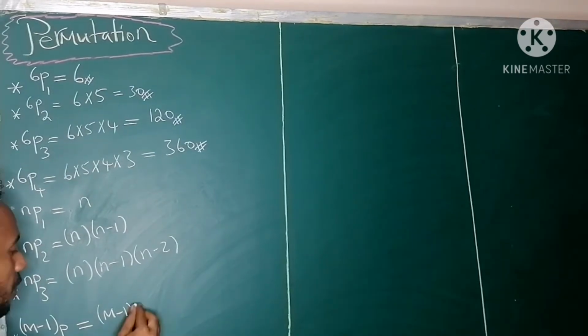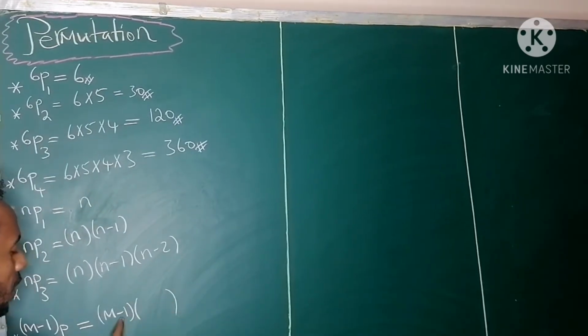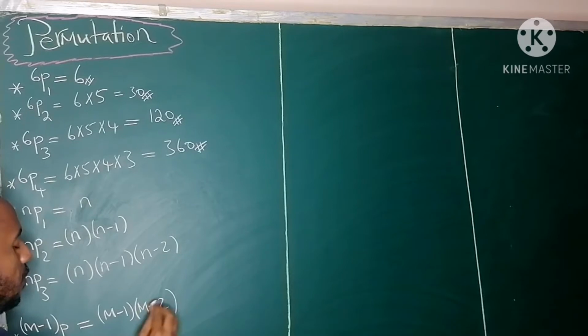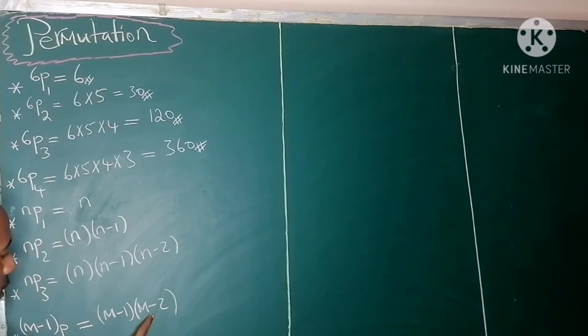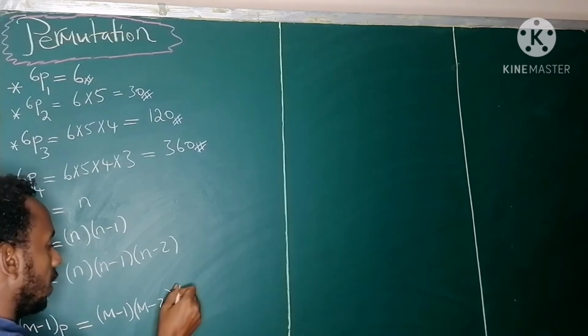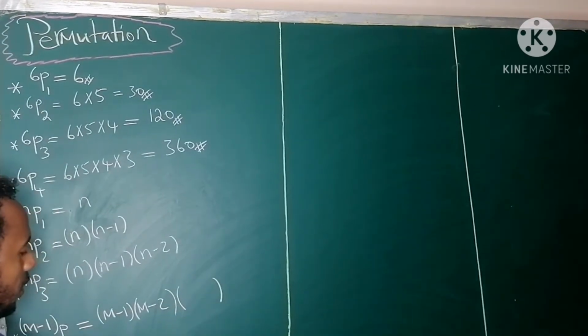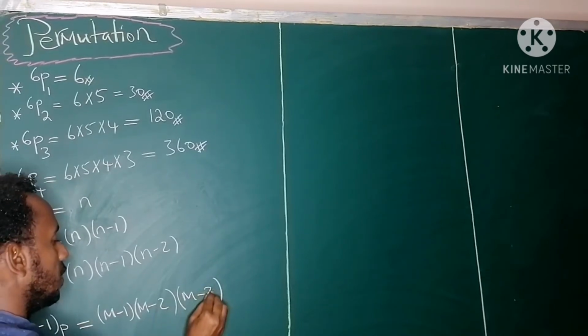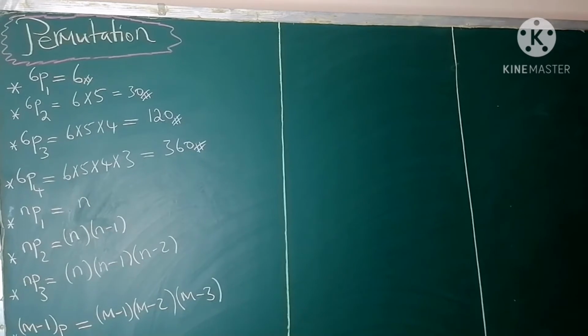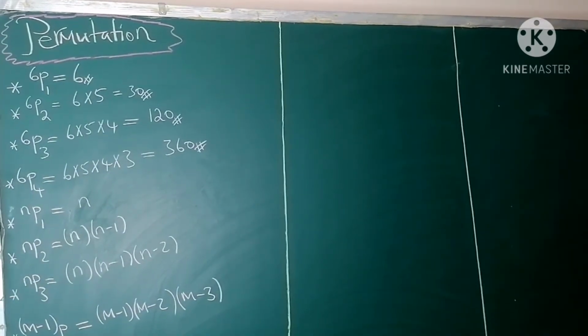So m minus 1, if I subtract 1, will be m minus 2. Is it the last part? No, these are only 2 factors. We need another factor by subtracting 1: m minus 2 minus 1 will be m minus 3. 1, 2, 3, so this is 3 factors. So these are the main ideas of permutation.